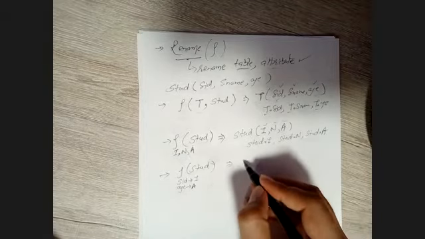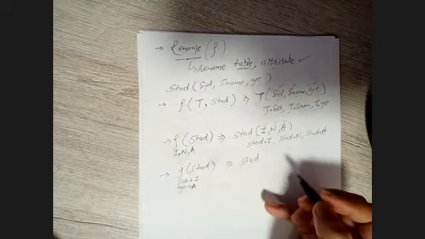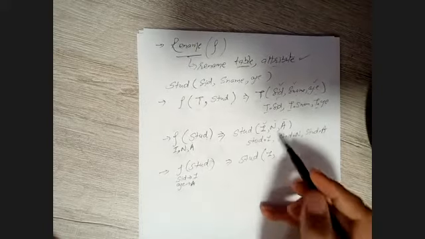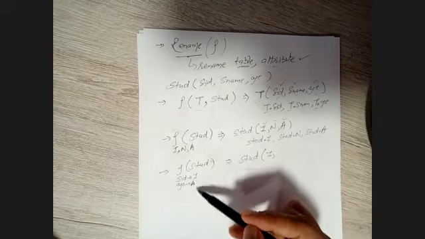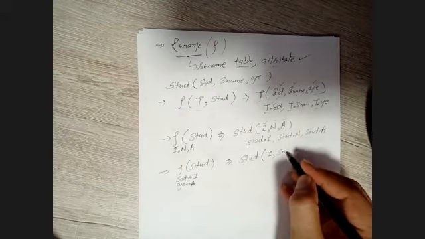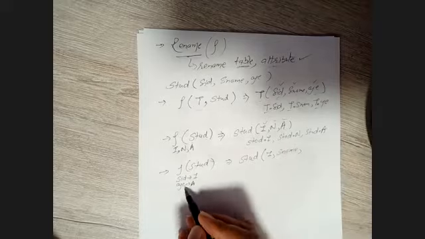It means I still have the student table as STUD, but my first attribute will change to I. The second was sname, so there is no name change here, it will remain the same as sname, and age is changed to A.